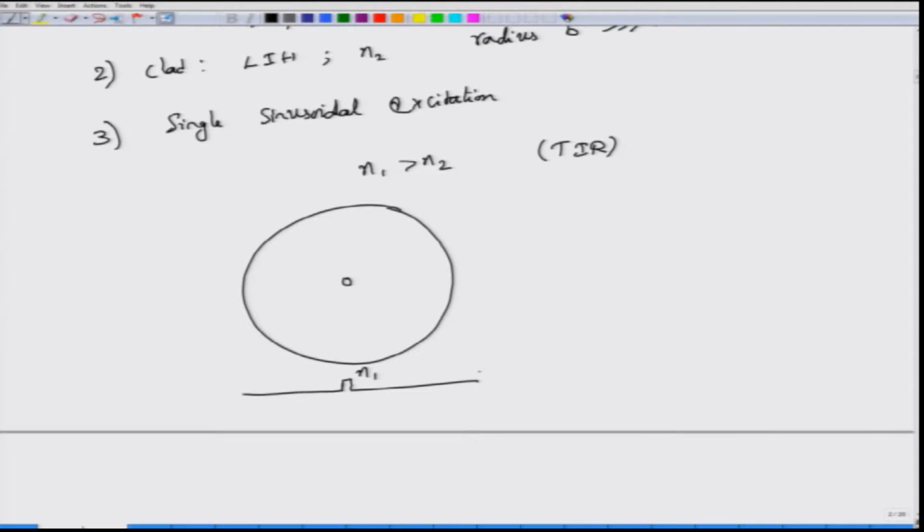So this is N1 and this is N2. The refractive index distribution is N1 and N2, and the difference between N1 and N2 is captured by the numerical aperture. So the core has a radius of A, the clad has a radius of B which is much larger than A.